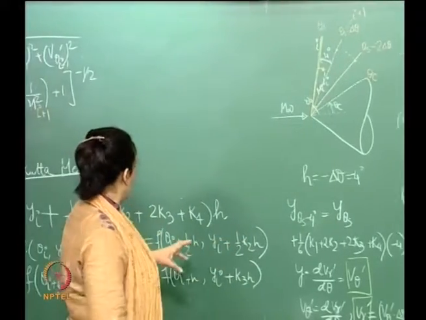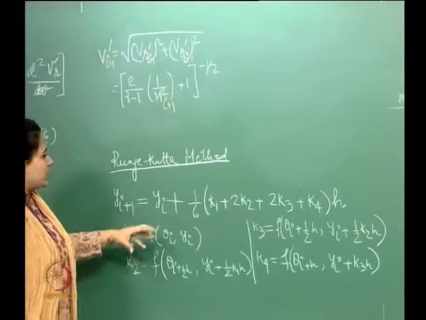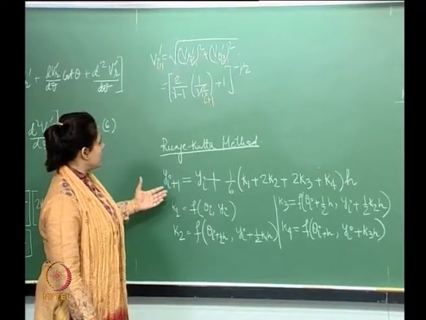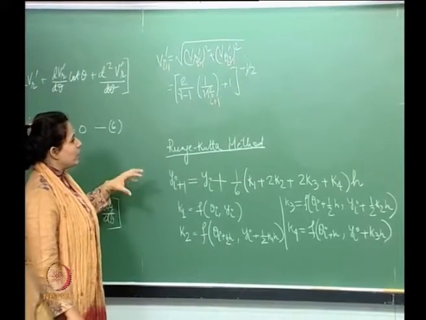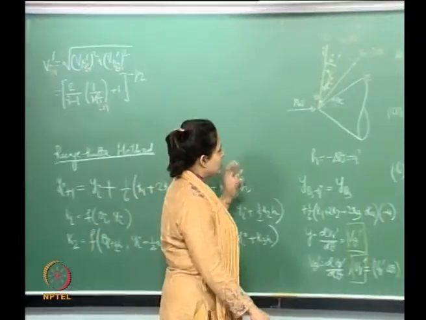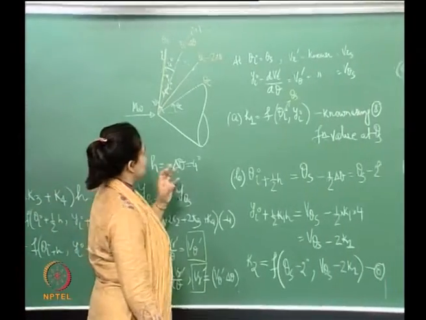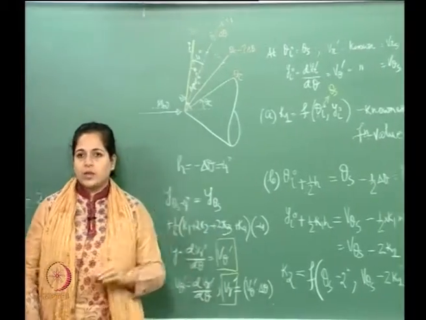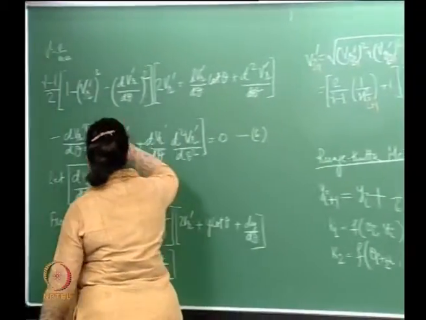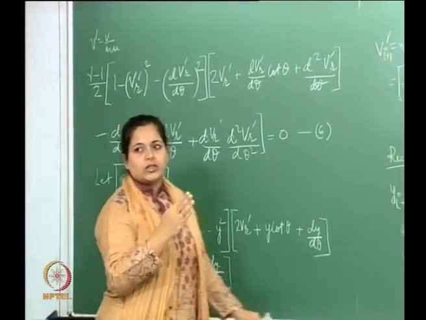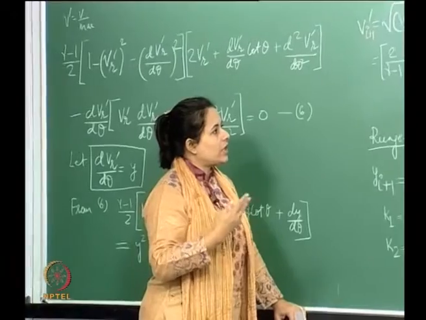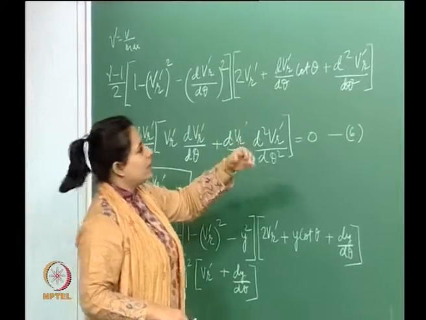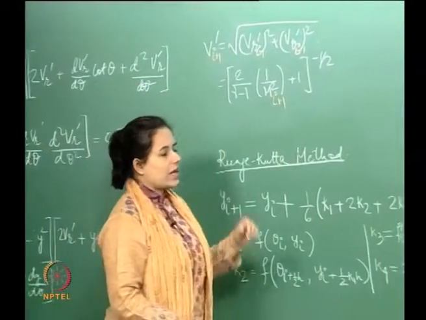The numerical aspect of the Runge-Kutta method is pretty straightforward actually. Using the Runge-Kutta method, we are solving the Taylor-Maccoll equation at each and every radial line, calculating V r dash and V theta dash, and hence V dash, at every radial line.